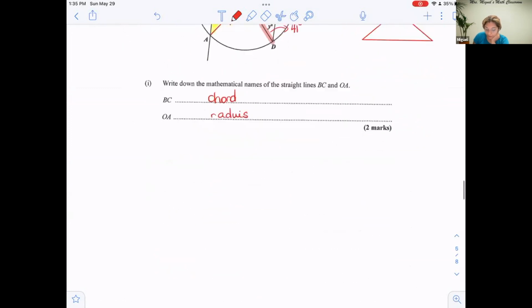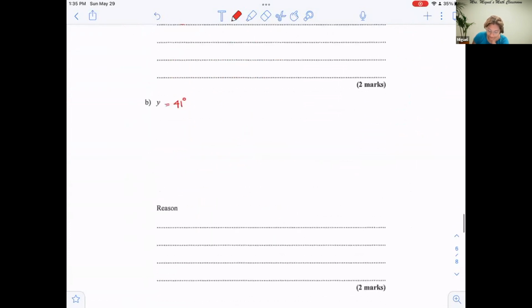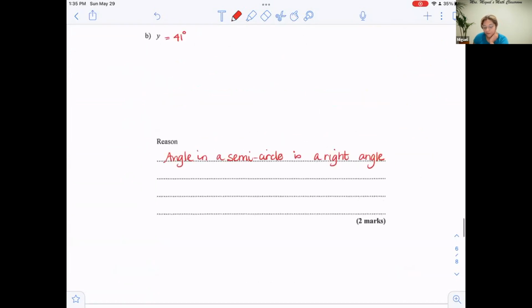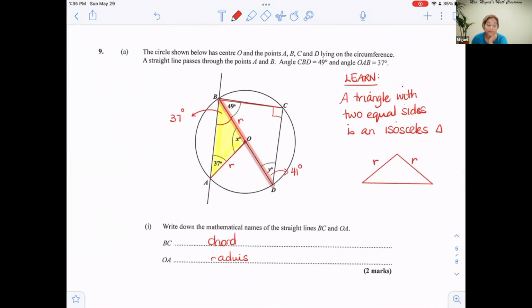Y is 41 degrees, and the reason is the angle in a semicircle is a right angle. So the theorems are there for us to use, and the theorems are there for us to write in the question.